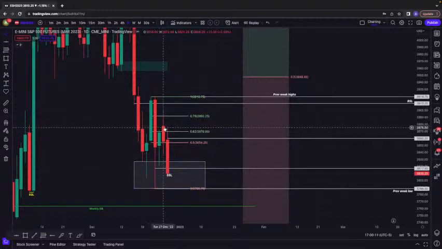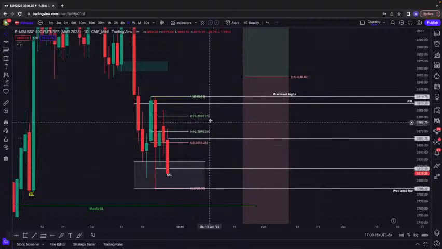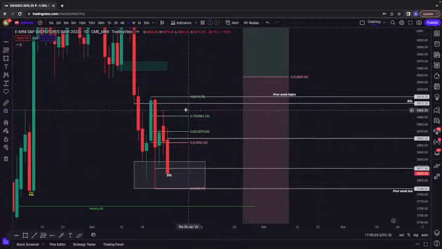Now, yesterday was the telltale. So based off this fib, we get the high of yesterday's candle into this discount, because our bias is bearish. We just had this huge sell-off into this discounted area.